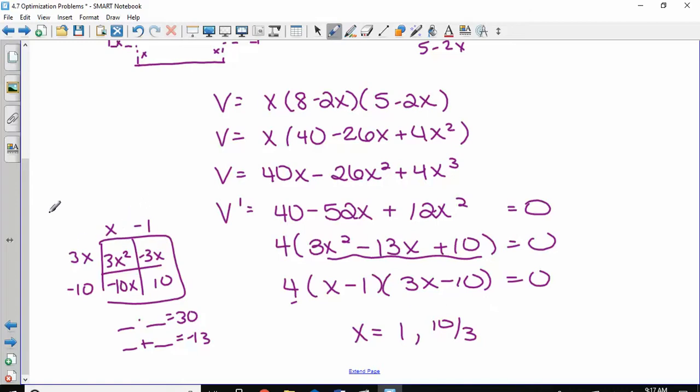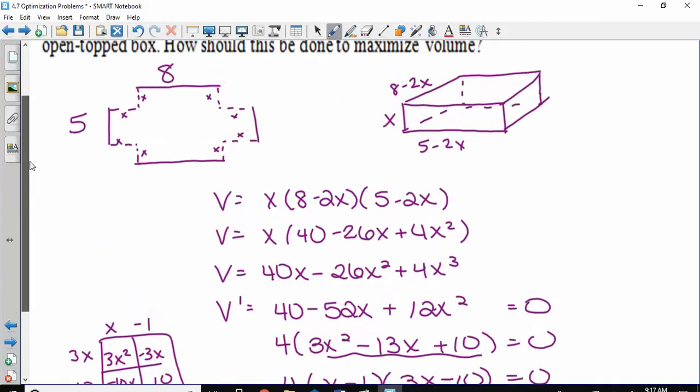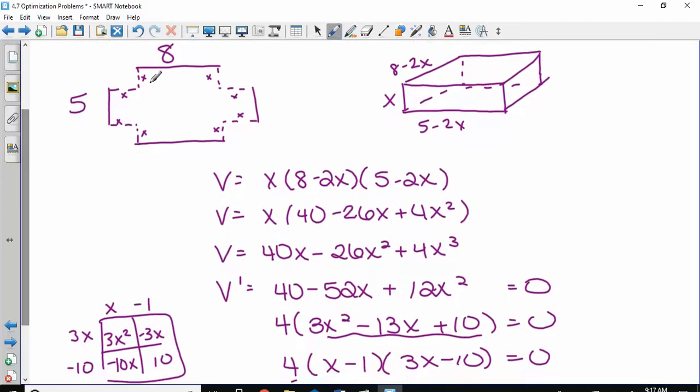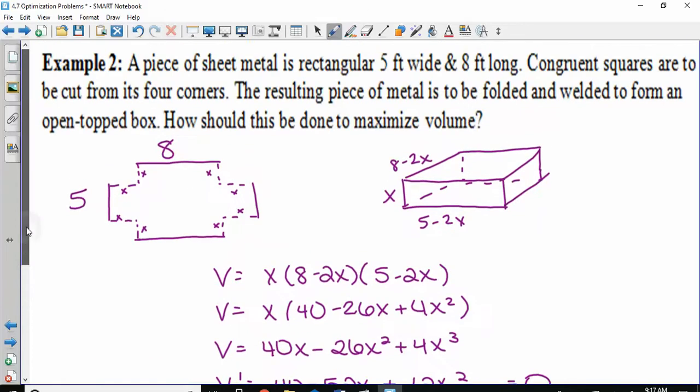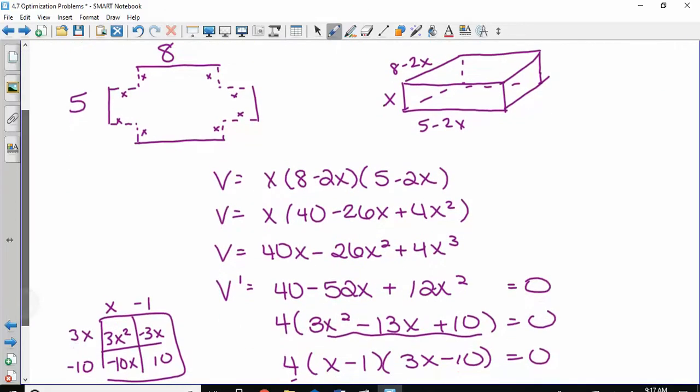Okay, so I got 2 answers. We need to make sure both of these will work. So is it possible that if my metal is 5 feet wide, could you cut 1 foot off each end? Yeah. Okay, if it's 5 feet wide, could we cut 10 thirds off? That's like 3 1/3.